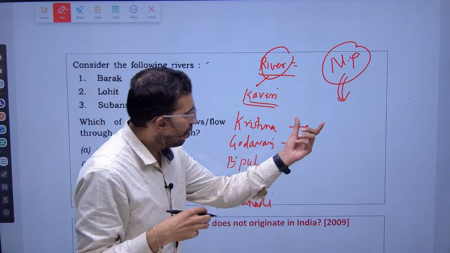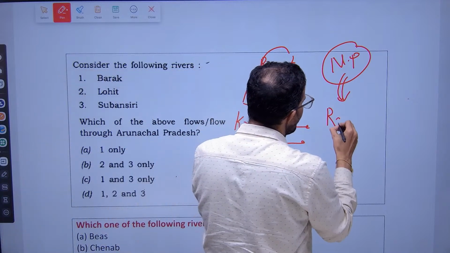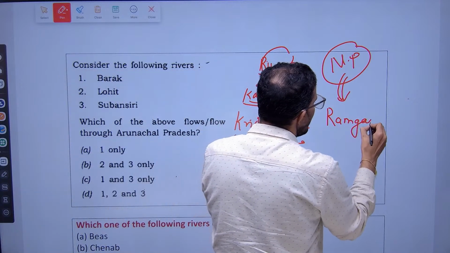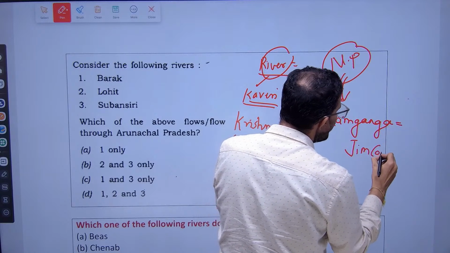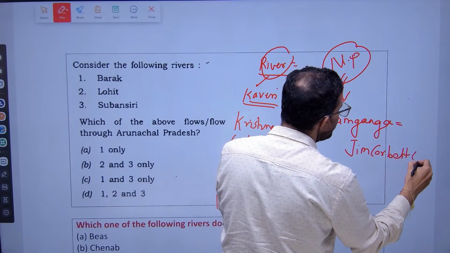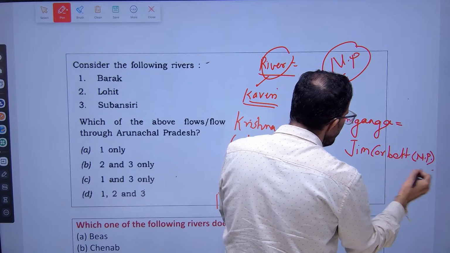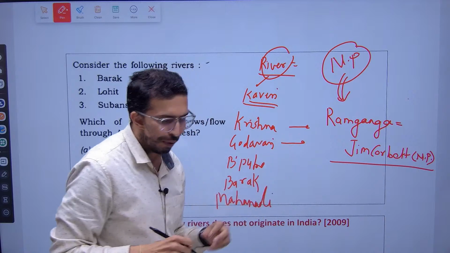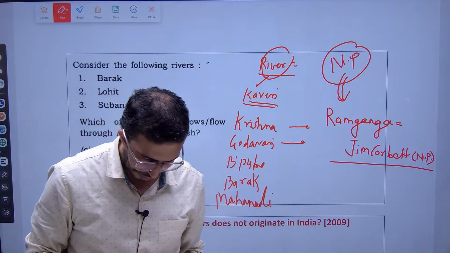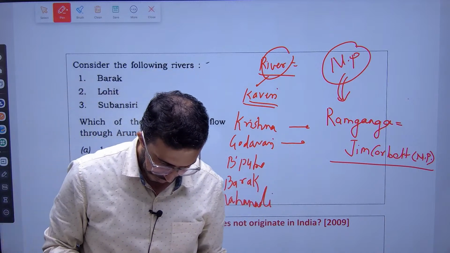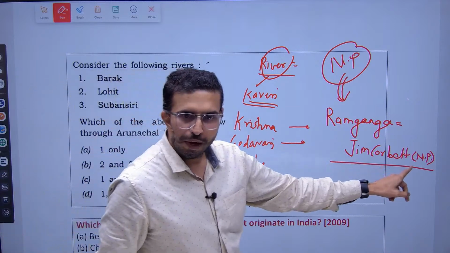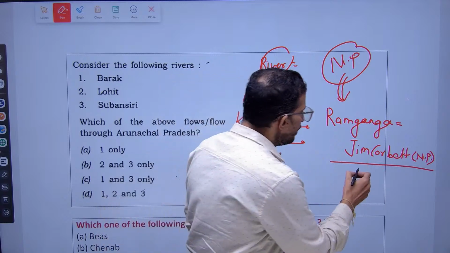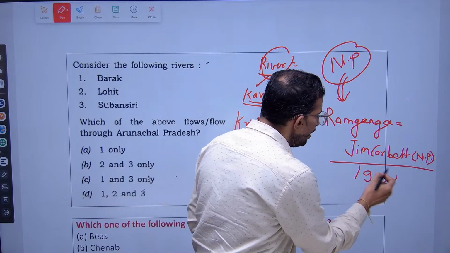For example, the Ganga river flows through the Jim Corbett National Park. Have you heard about the Jim Corbett National Park? What is its speciality? This is India's first national park, established in 1936.